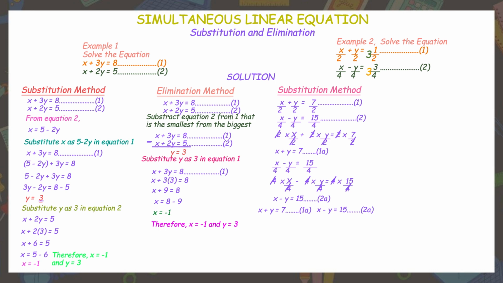From equation 1a, our x is equal to 7 minus y. So we now substitute x as 7 minus y in equation 2a.